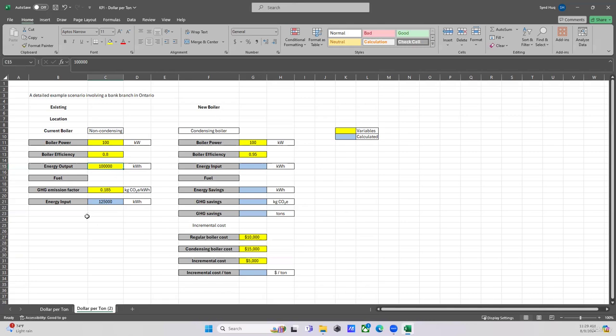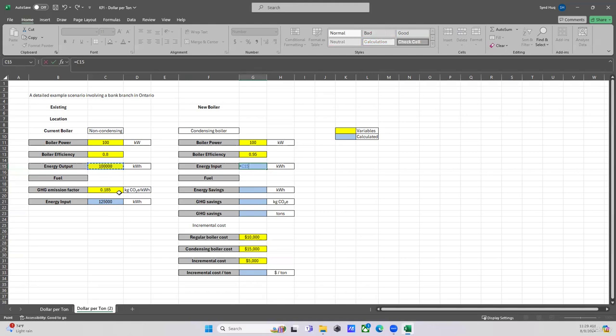For the condensing boiler, obviously this amount is going to be lower. Although it's not 100% efficient, it is still going to be lower than the old boiler, because it uses energy more efficiently. In this case, the energy output is equal to 100,000. Again, the energy output remains the same because the heating demand remains the same. We are assuming the heating demand remains the same for ease of calculation.